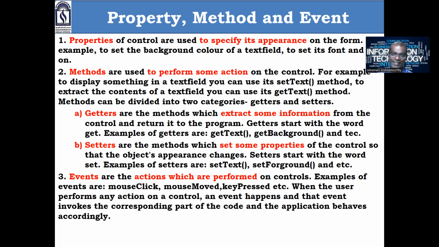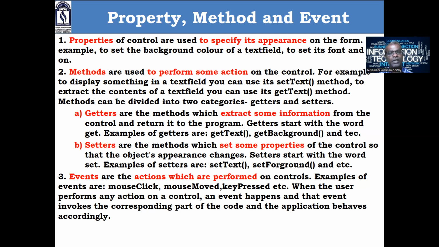If you want to extract the content of the text field, then the get text method is used. To display something on the text field, we need to use set text. To get or extract the content available within the text field, we must use get text.